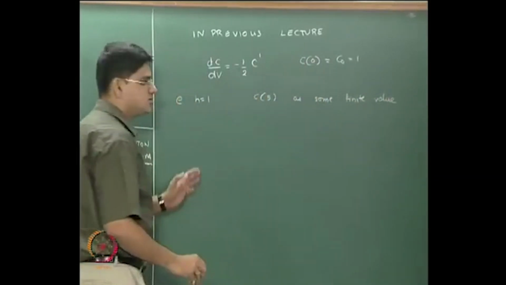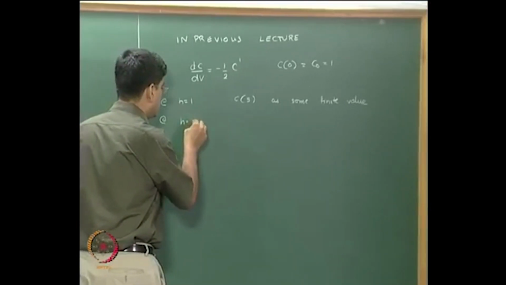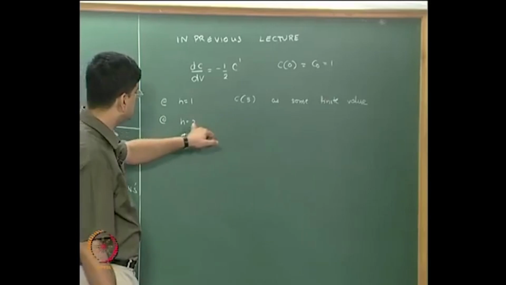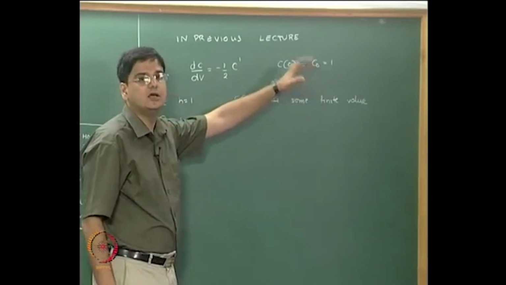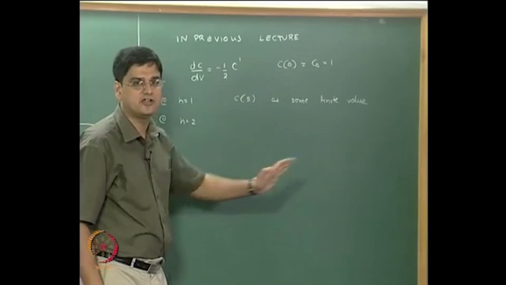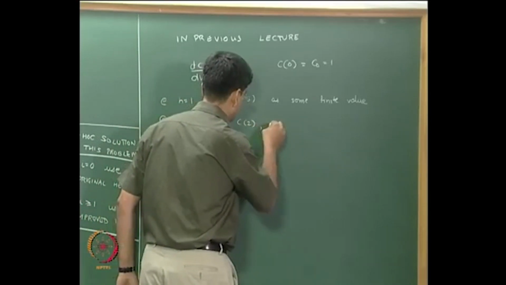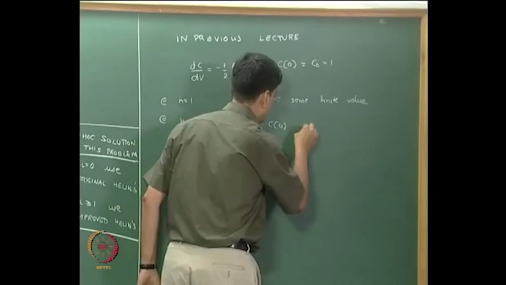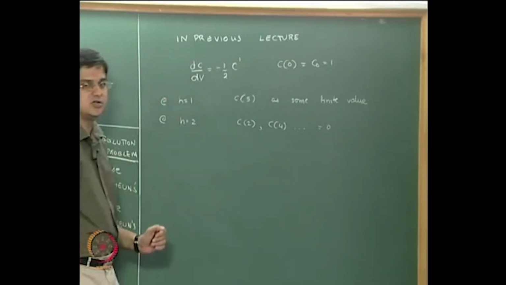Next what we did was we increased h to h equal to 2. When we increased h to 2, C0 was equal to 1, C1 we immediately saw became equal to 0, and after that it remained at 0. C2, C4 and so on were all equal to 0 for h equal to 2.